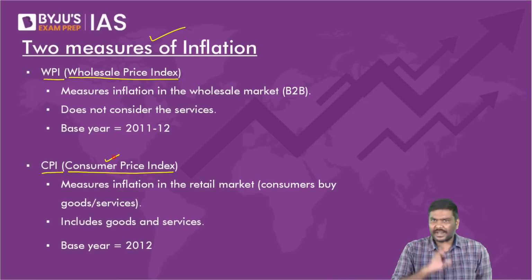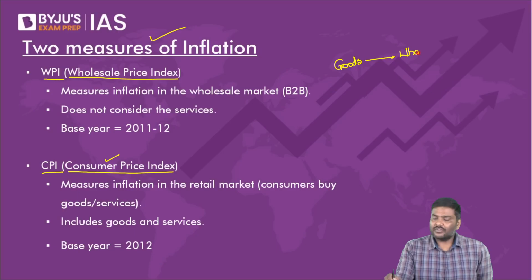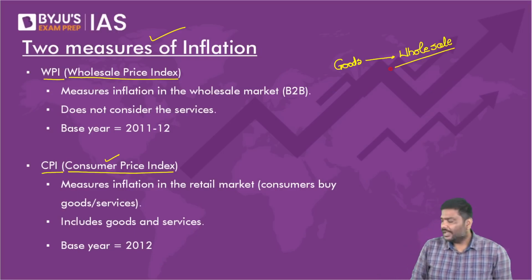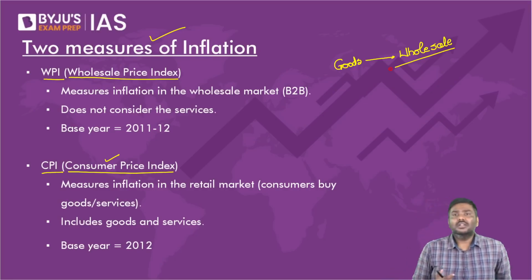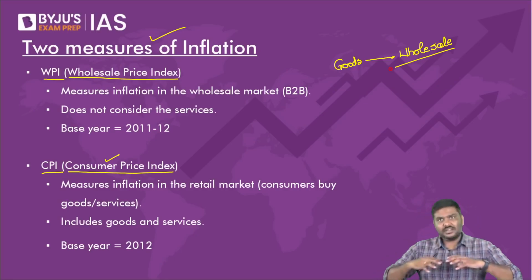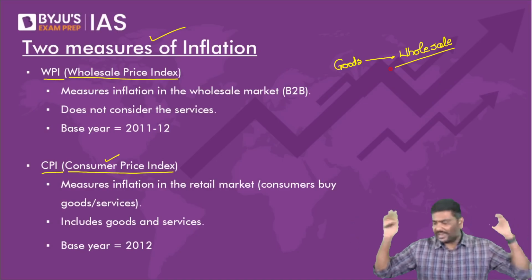Now, what is the basic idea? Whenever goods are sold in the wholesale market, have you heard of the term wholesale market? Wholesale market means the quantities purchased will be very high.